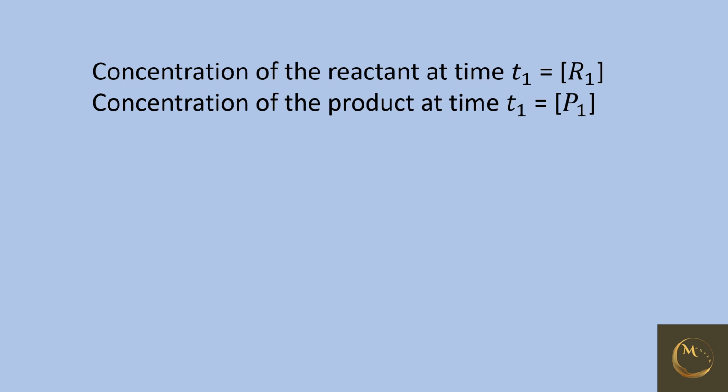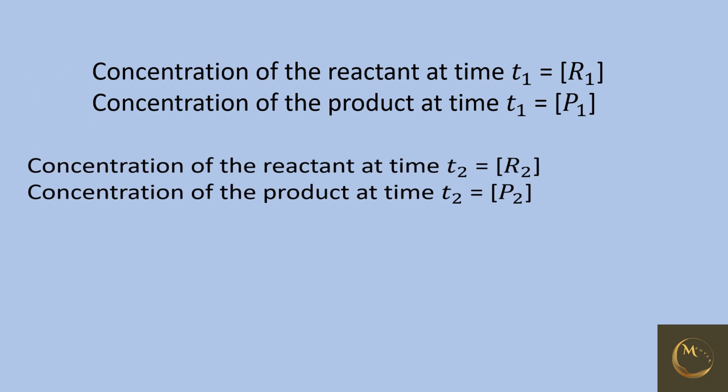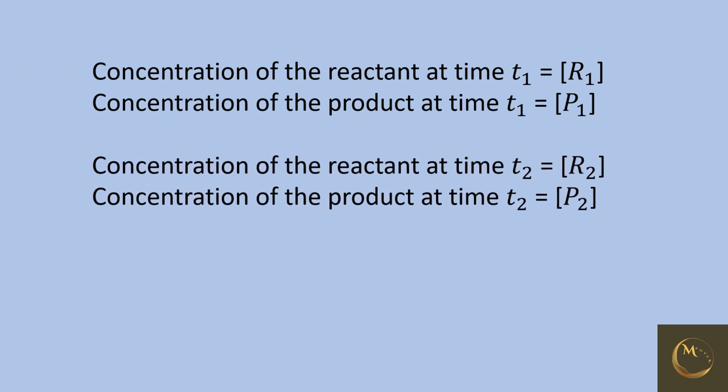Alright. Now let us say some time has elapsed and the reaction is at time t2. Now let the concentration of the reactant be [R2], which is represented by square brackets R2, and let the concentration of the products be [P2] at time t2.